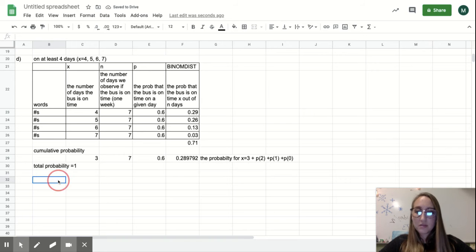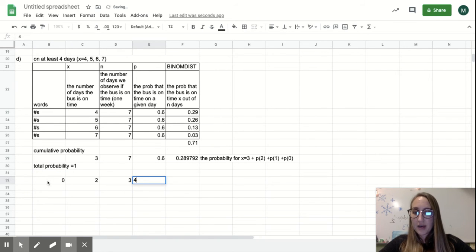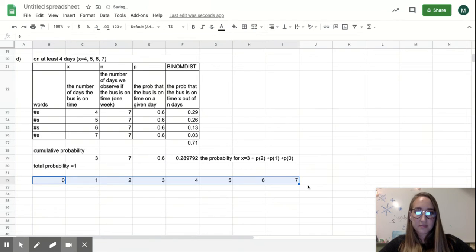So I know looking from 0 to 1, 2, 3, all the way up to 7, see if we can stretch this out.